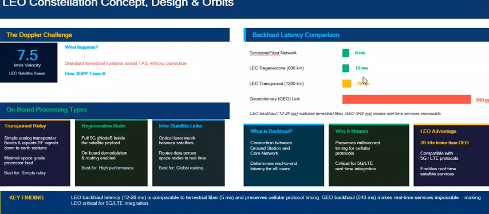So Leo regenerative is competition to the terrestrial fiber network. It is because the gNodeB sits on the satellite, so the signal going to space and coming back has latency competing with the terrestrial fiber. That is a good thing.